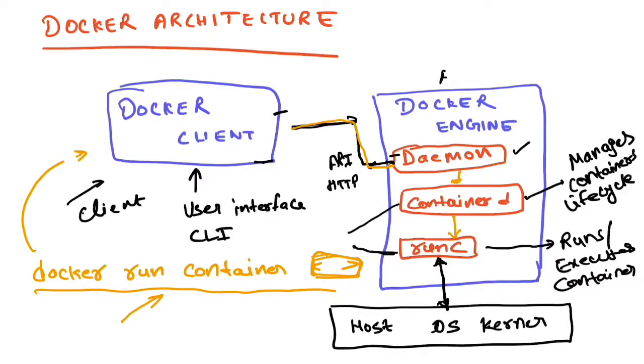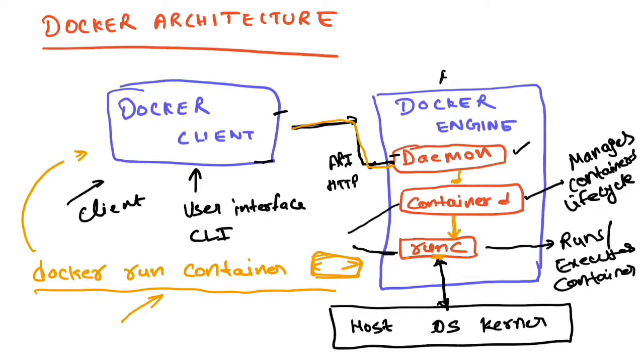So it receives the instruction to create the container. It converts your image into a compatible format, and then it passes on everything to runc which runc requires. So now runc has a compatible image, and it gets the instruction from containerd that I need to create a container. Now runc actually creates the container and it executes all of those instructions which are mentioned in the image which containerd has provided to runc.